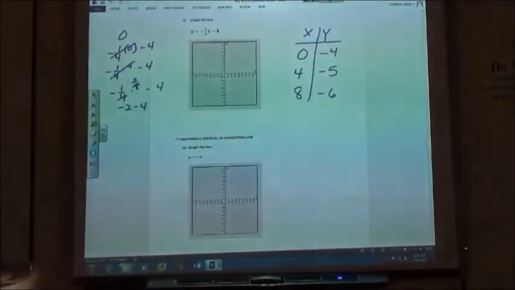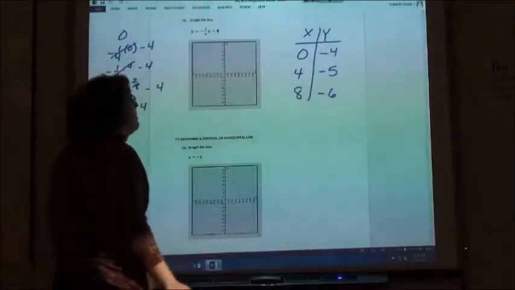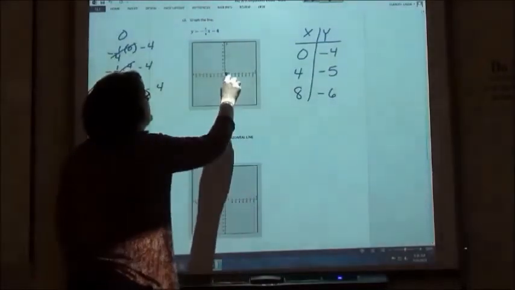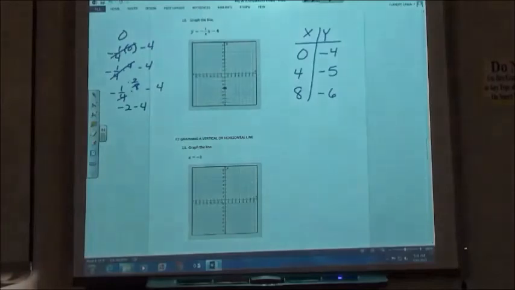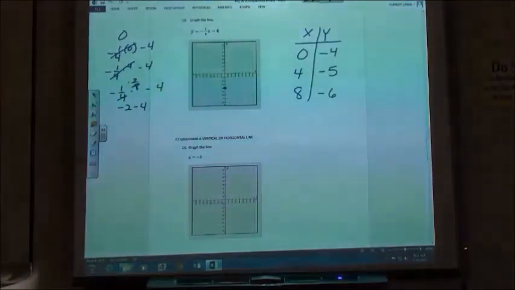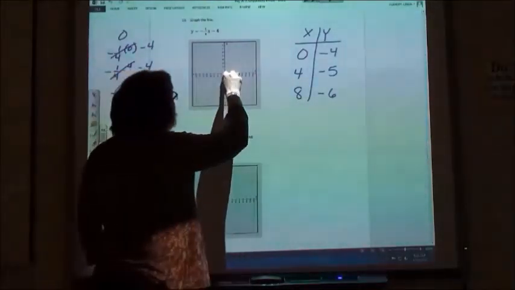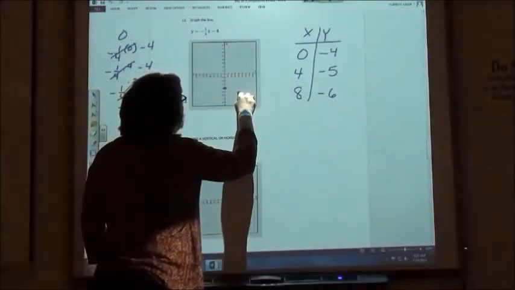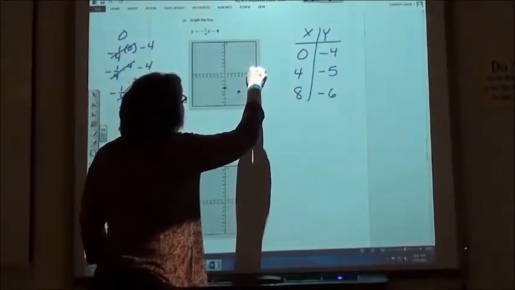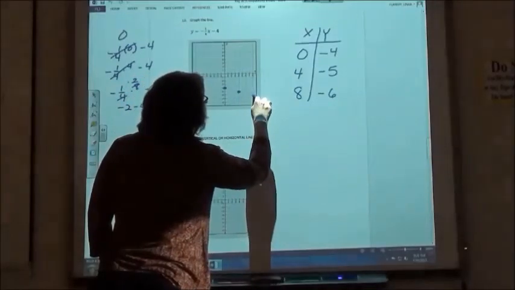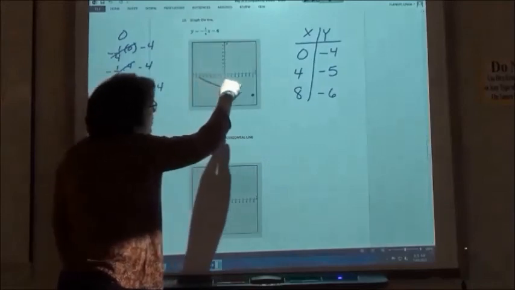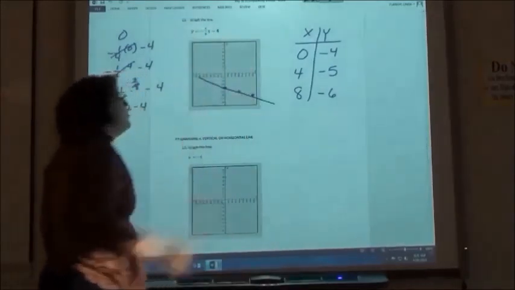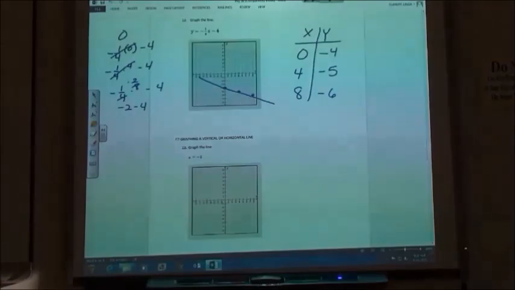So, plotting our points, where would (0, -4) be? Right on our y-axis at -4, because we knew that was supposed to be our y-intercept. Then we have (4, -5): go over 4 and down to -5. And then we have (8, -6): all the way to 8 and down to -6. And again, when we connect our dots, we're going downhill because we knew our slope was negative. That number in front of the x is -1/4.